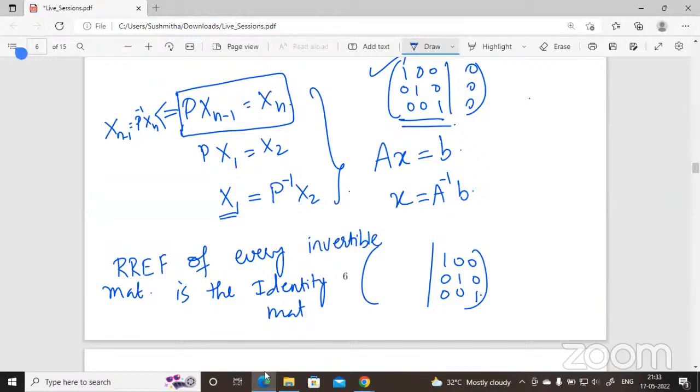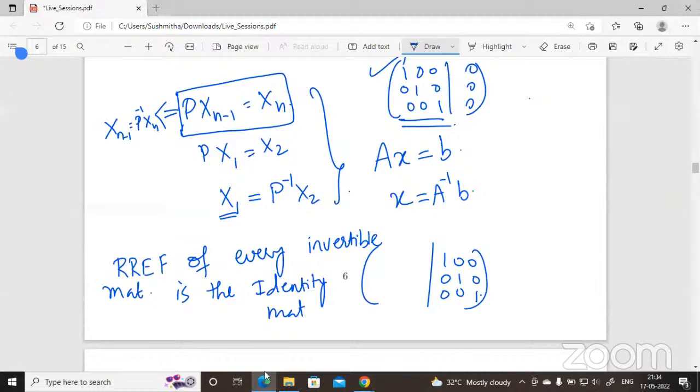Ma'am, can I try giving an explanation? Can you correct me if I'm wrong? Yeah, sure. So the reduced row echelon form of every invertible matrix. Invertible matrix means that the determinant exists, which means that we don't have any row being zero. So that means that we will have a pivot in every single column.